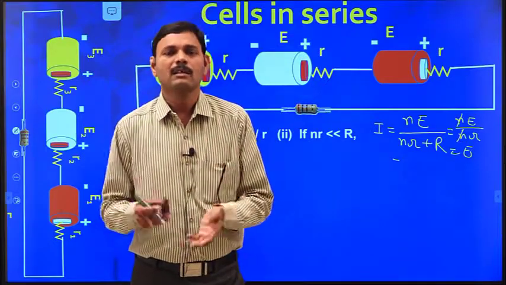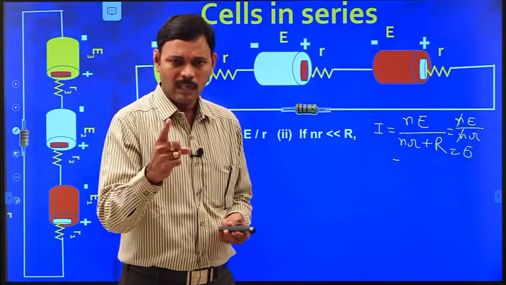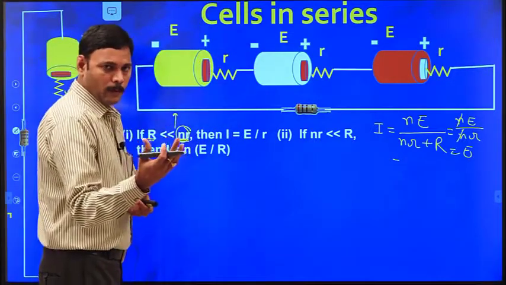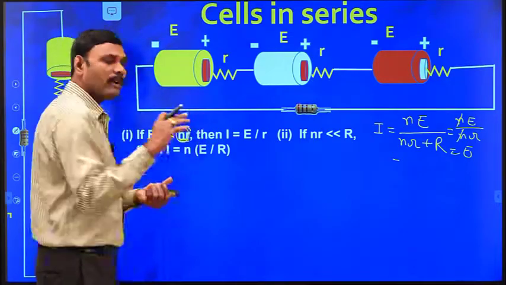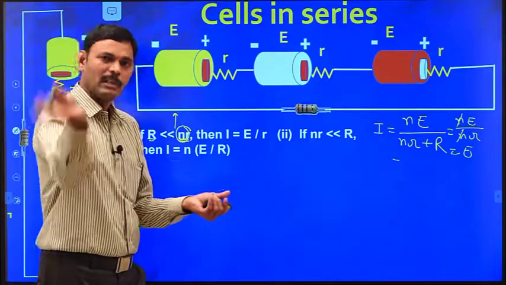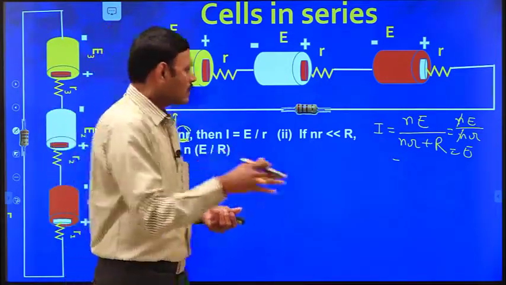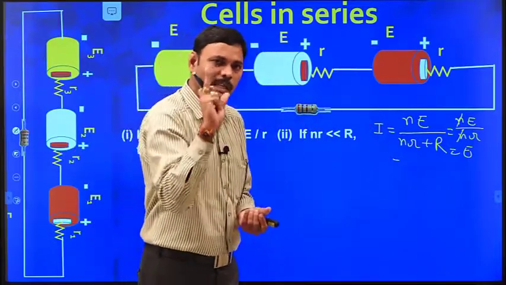If the result for any number of cells in series gives the EMF of one cell, then there is no use of it. That is why a used battery gives EMF equal to the EMF of one cell. That is why we have to throw it out and replace it with a new battery. A battery used for a long time comes under this explained case, which gives a resultant of one EMF.